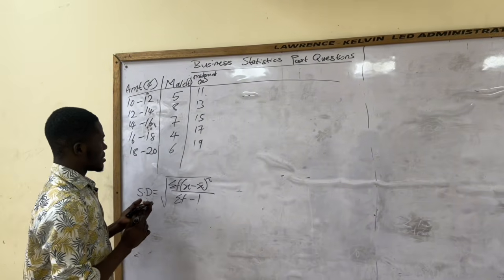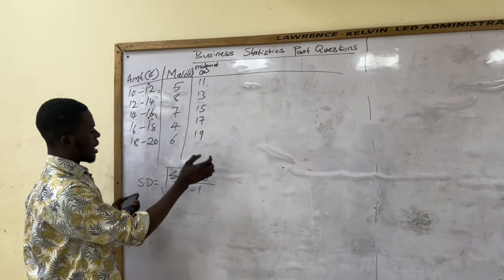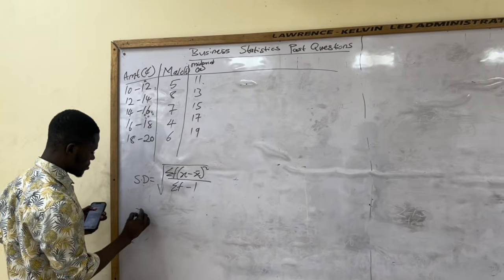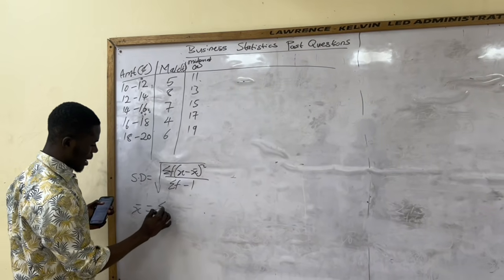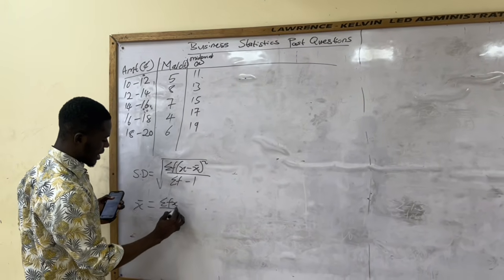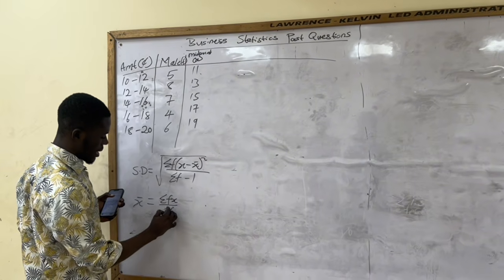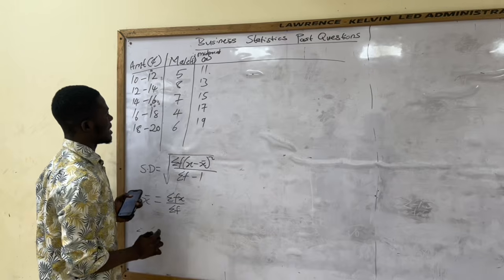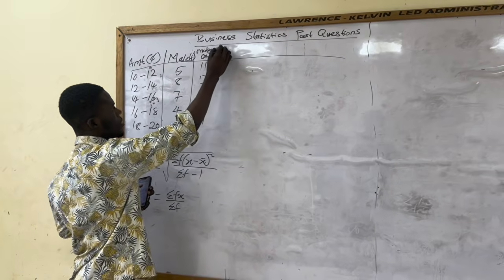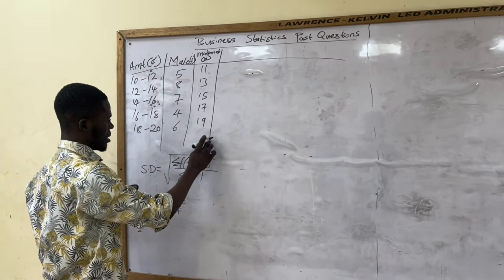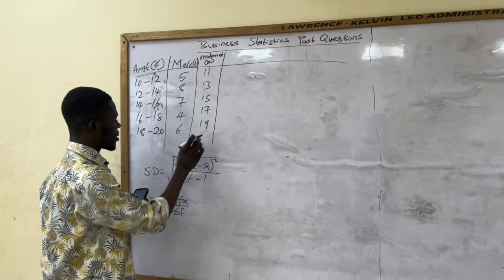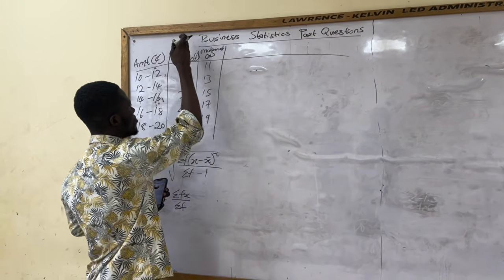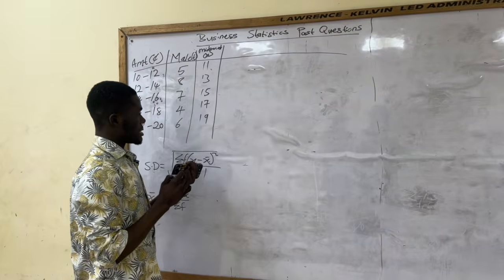After getting the x, we need to look for our mean, which is the next step. So our mean is equal to sigma fx divided by sigma f. Now let's look for sigma fx, but let's calculate for our fx first. So fx will be the frequency multiplied by the midpoint, which is the x.